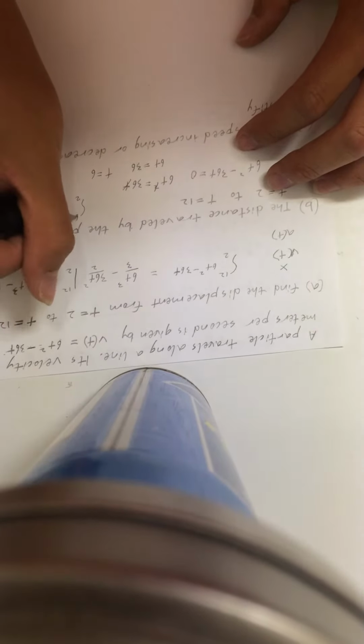So at t equals 6, I know that the particle changes direction, so I will do the integral from 2 to 6 of 6t squared minus 36t plus the integral from 6 to 12 of 6t squared minus 36t dt.